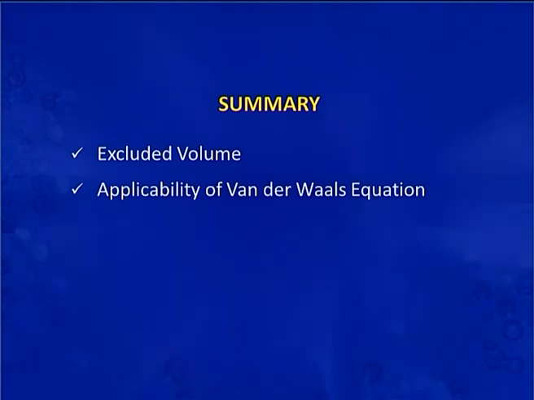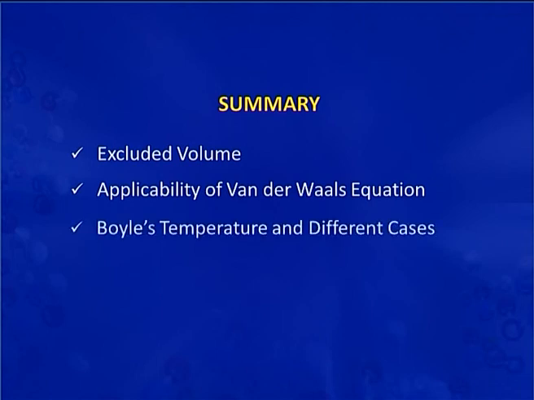We discussed 3 cases here, and after that a specific temperature where real gases show ideal character, that is Boyle's temperature, TB is equal to a by Rb. Then we discussed different cases, and we can derive critical constants and inversion temperature also.